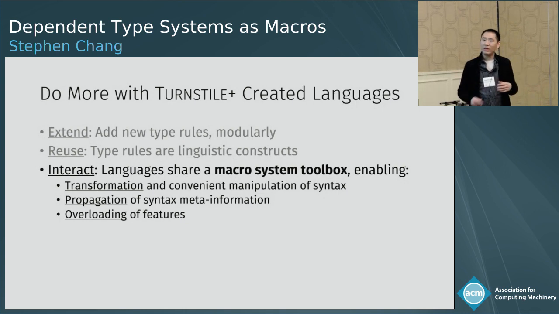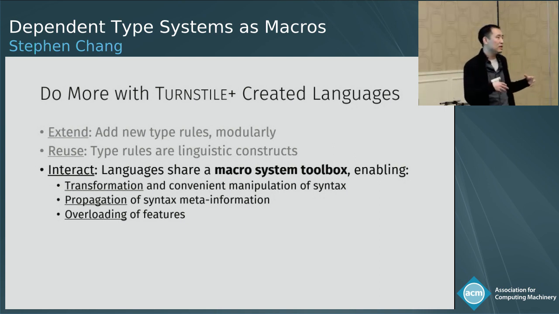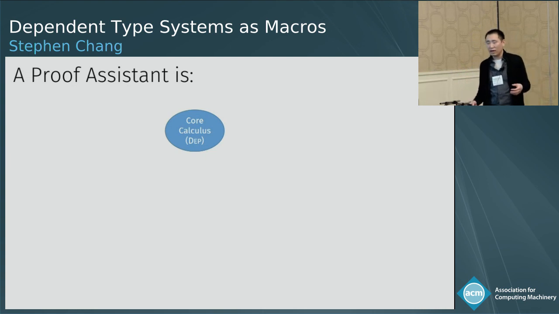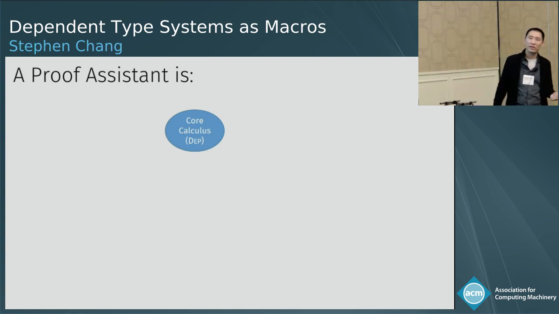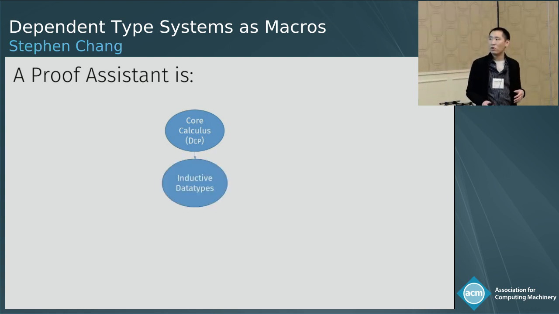So when might it be useful to have a framework that's good at creating collections of interacting languages? Well, a proof assistant typically consists of a core calculus implementation, but then this core has a lot of extensions to help programmers use it. For example, you might want inductive data types.